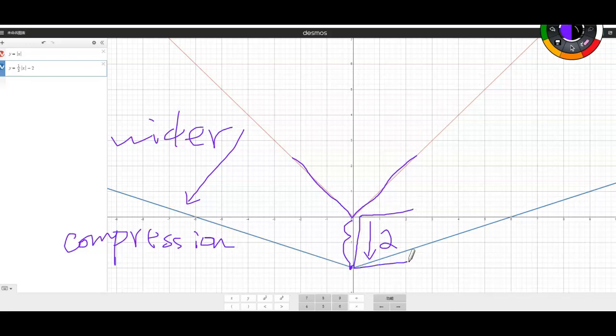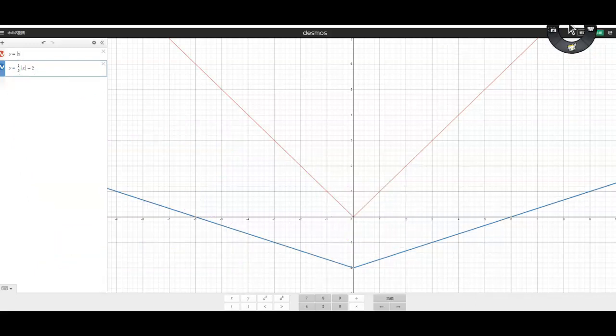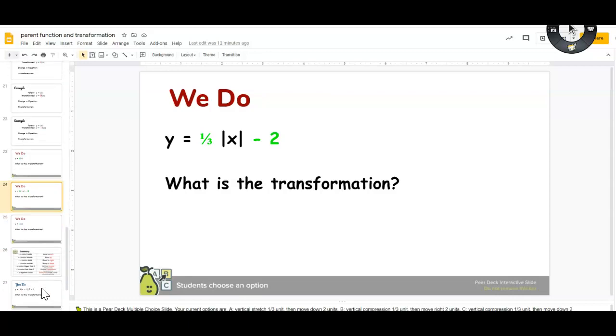So these are your two transformations. One is compression, one is going down twice. Multiplying a number smaller than 1 means compression. Minus a number outside of x means moving down. And that's it. So far, we have finished learning all of the 6 types of transformations on your parent graph.